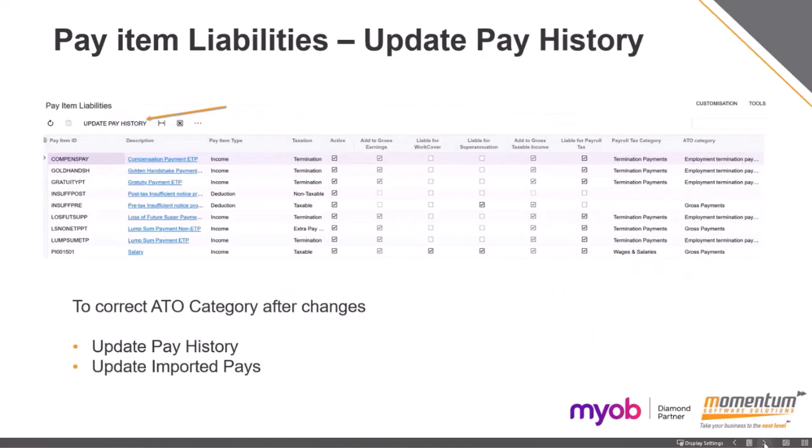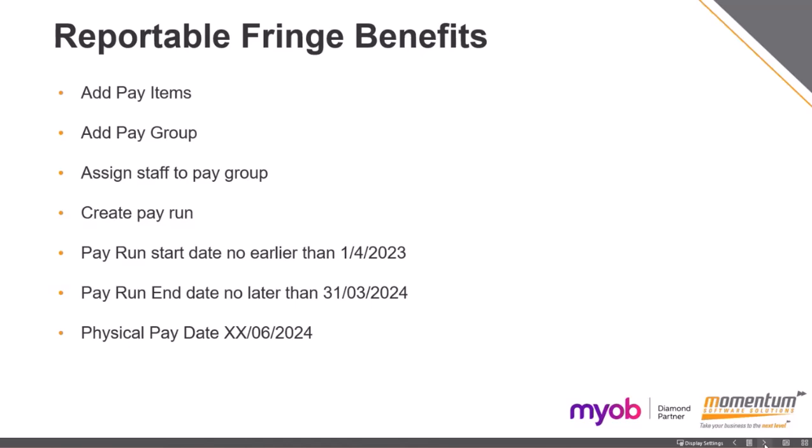After you have checked and updated the ATO categories, make sure that you have updated the pay history, the pay items, and the imported pays. For employers who need to process a reportable fringe benefit pay run, you need to add pay items if you haven't already added them. There needs to be a separate pay group that is an annual pay group.